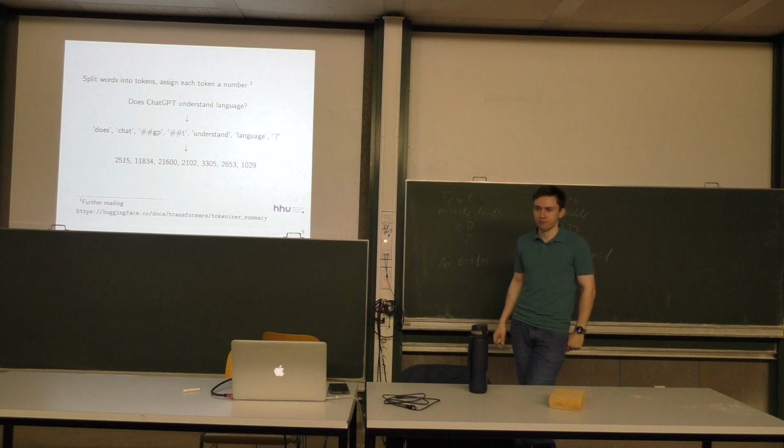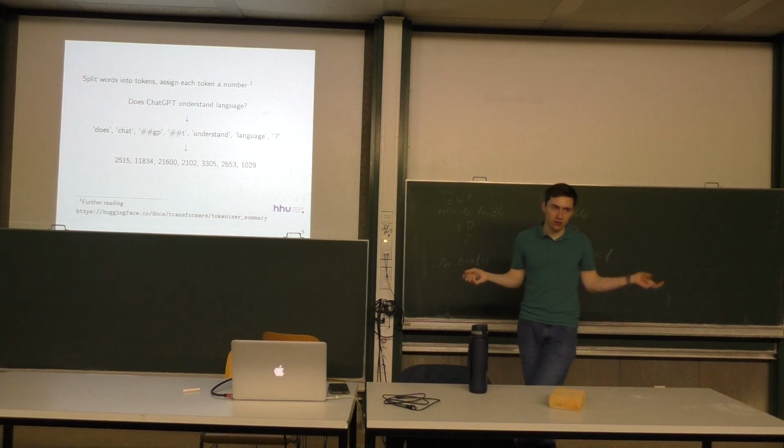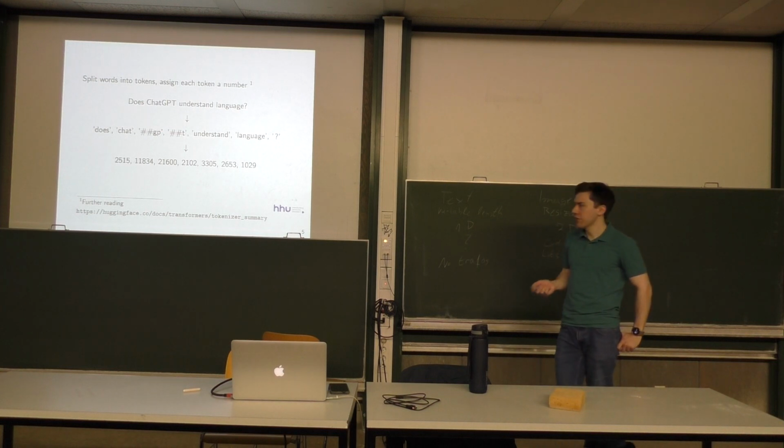Basically, it splits the words into tokens in such a way that you get the least number of tokens for a typical text. So it does a kind of compression on the text. And then each token gets assigned a number.